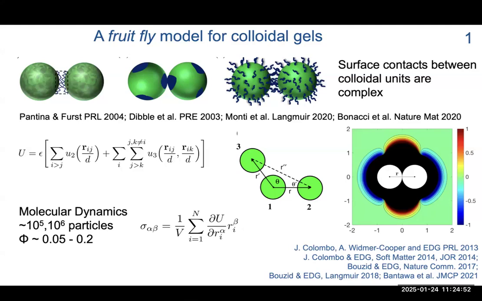So with these types of models, it's sufficiently simple that we can efficiently build gel structures that have a lot of the physics of the real systems, and we can do very large simulations in these very dilute systems.